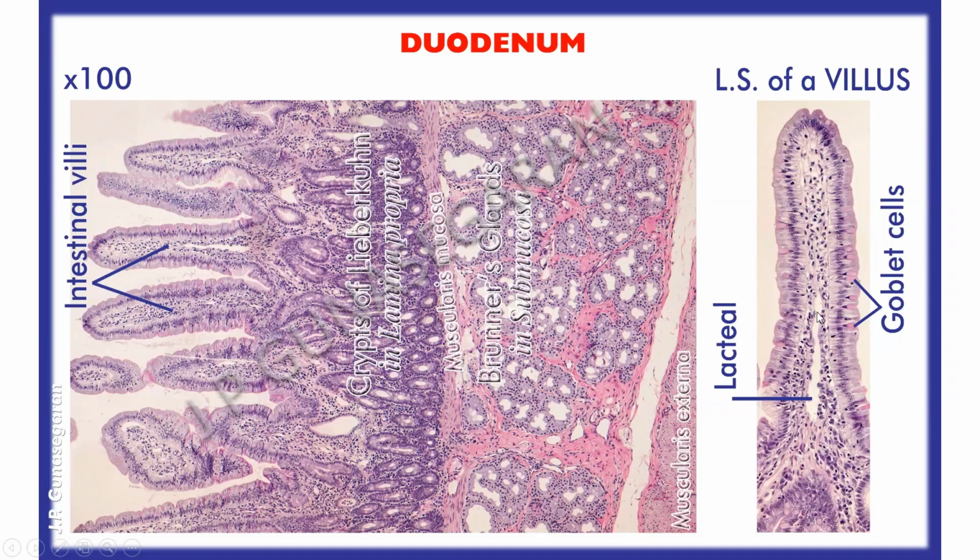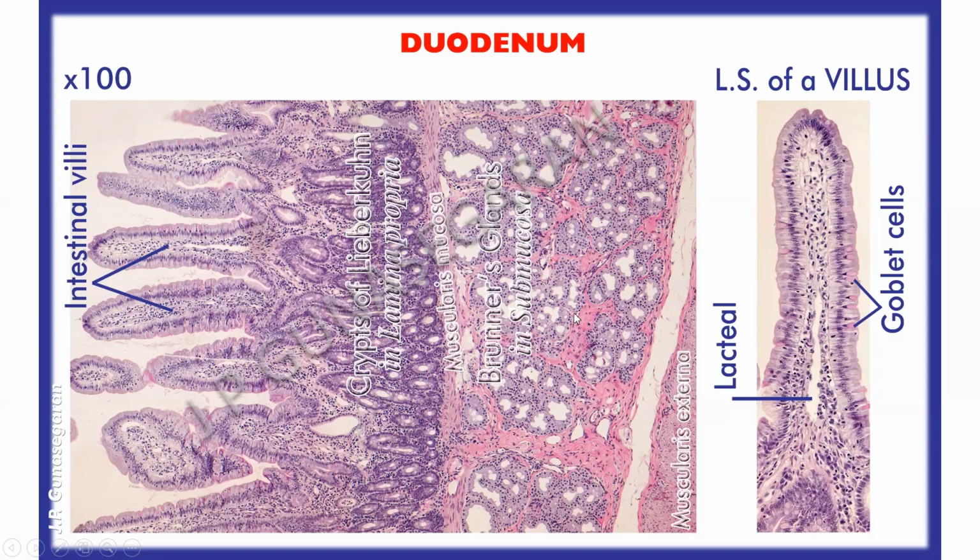You can also see a single blind-ended lymphatic vessel called lacteal, and capillary loops can also be seen on either side, oriented longitudinally for transport of absorbed nutrient.